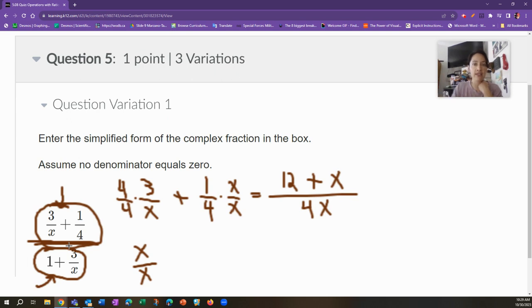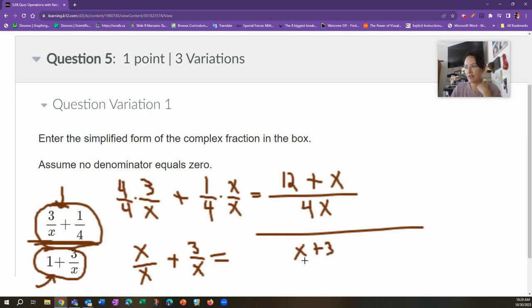X divided by x for every value at every point will always equal 1. So they're equivalent. That is 1. I just rewrote it. So then you'll have x over x plus 3 over x. Okay? So then the bottom of our complex fraction will be x plus 3 over x.